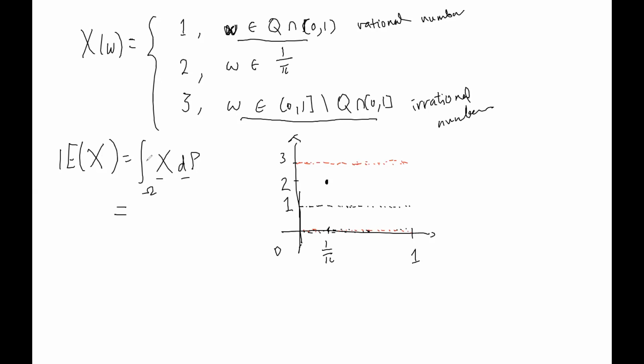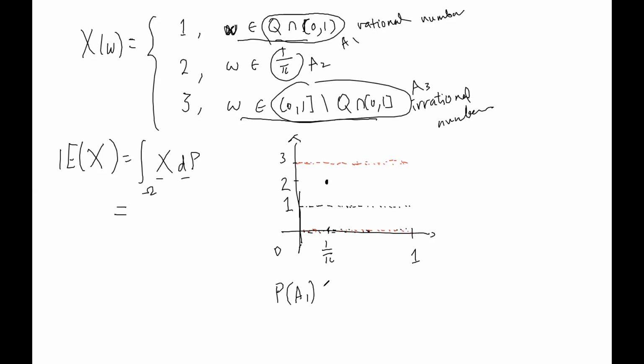So let's see what happens. Now, you have to look at the measure, right, on the sets here. Okay, look at the first one. Let's say this is the A1 set, this is the A2 set, and this is the A3 set, right? What is the measure on the A1 set? The measure over the set of rational numbers in the unit interval. What is the measure? Anyone? 0.